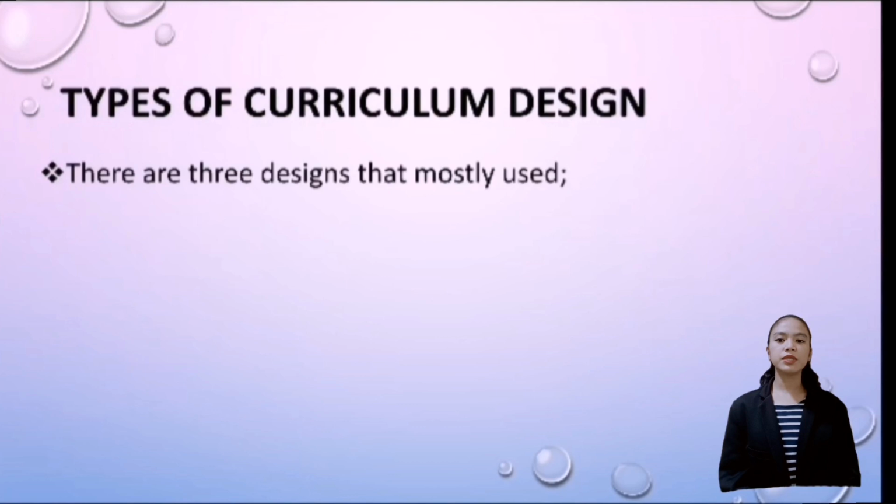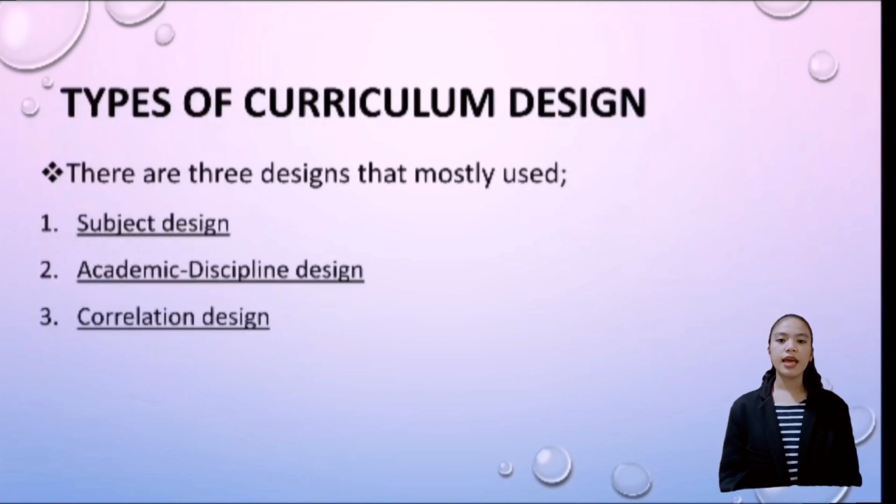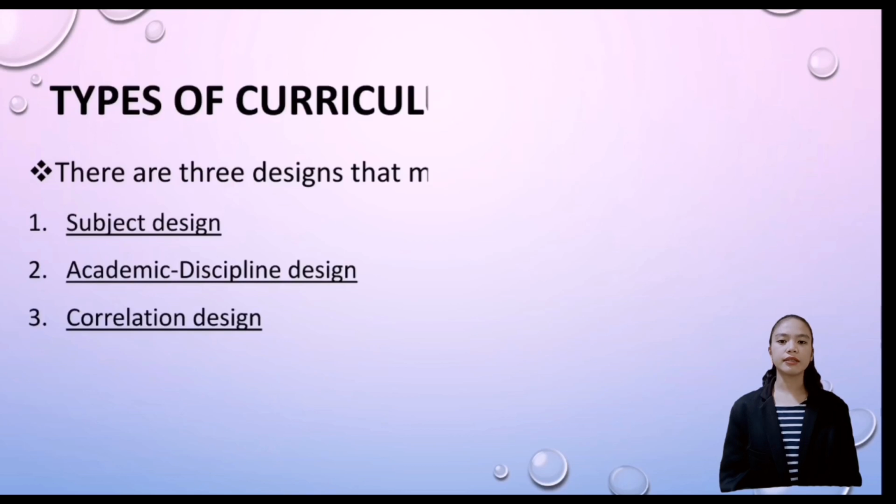Thus, the subject-centered design is the most popular among the curriculum designs. This design is classified into three specific designs: the subject design, academic discipline design, and correlation design.